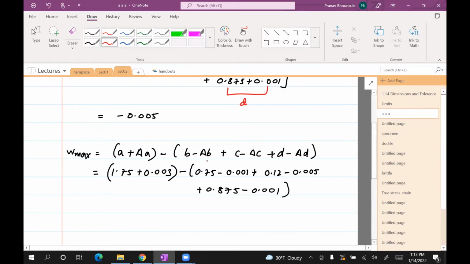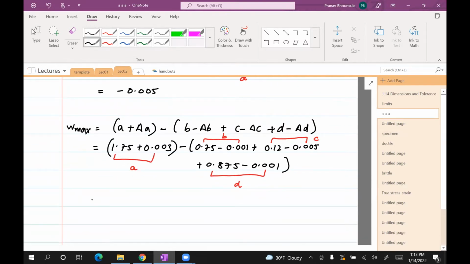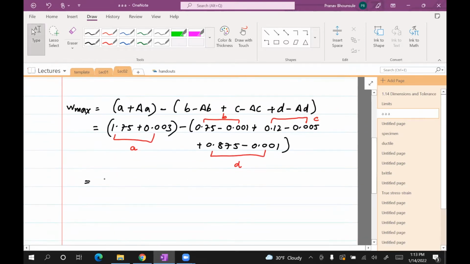Okay, so that's for B, that's for C, and this thing is for D, and of course this is for A. So doing the math here, we get 0.015.